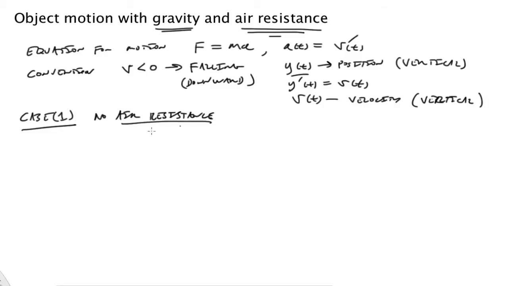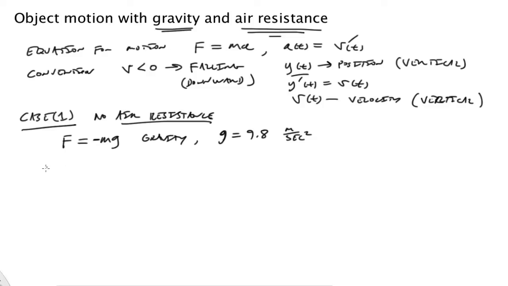Then in your F equals ma equation, F will just be gravity, mg, with a negative sign, which means downward motion. In this case, we'll say that g is equal to 9.8 meters per second squared.